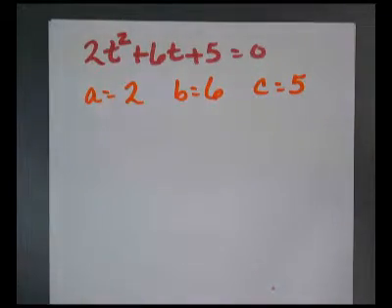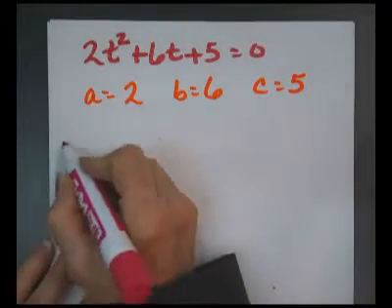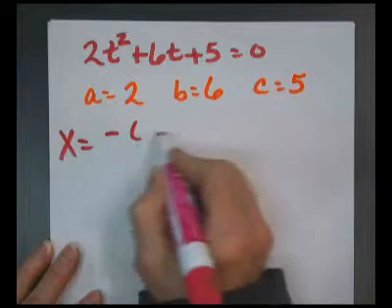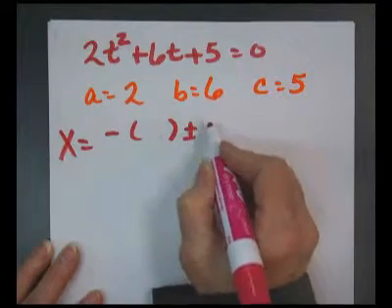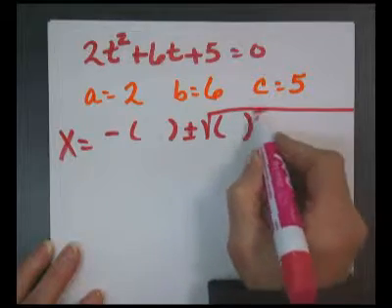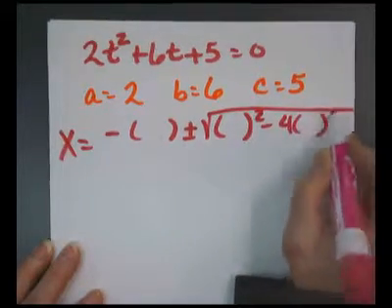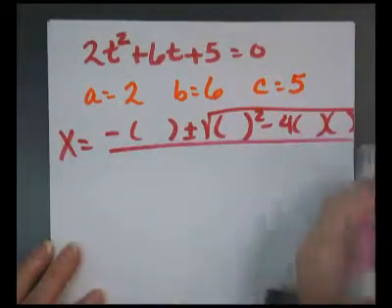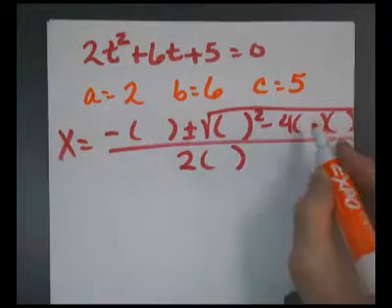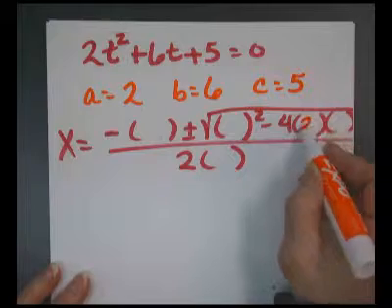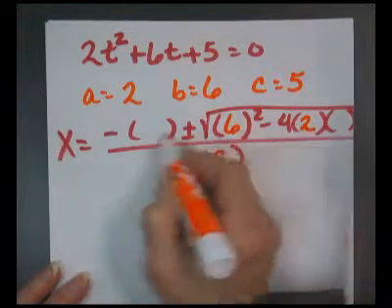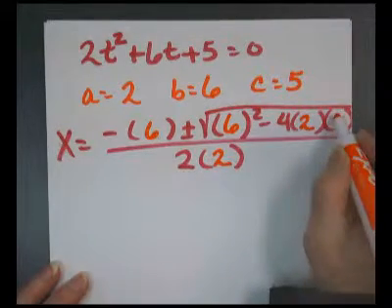So your quadratic formula, x equals negative b plus or minus square root b squared minus 4ac, all over 2a. A is 2, b is 6, c is 5.